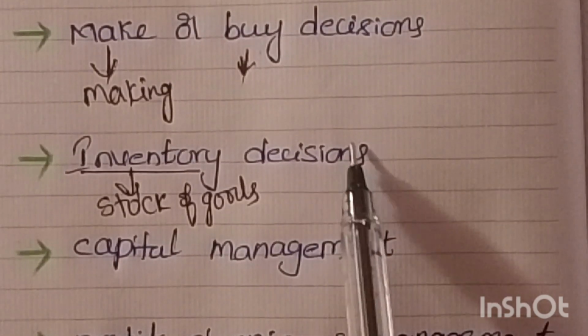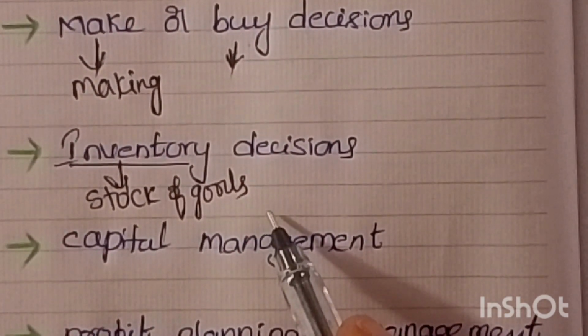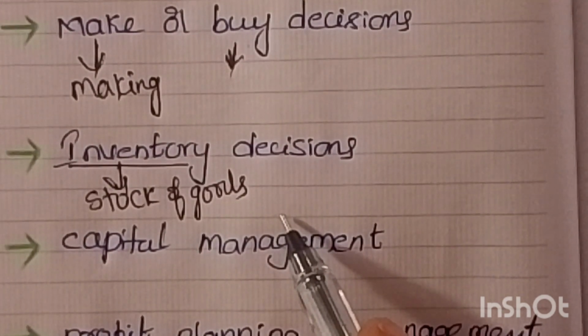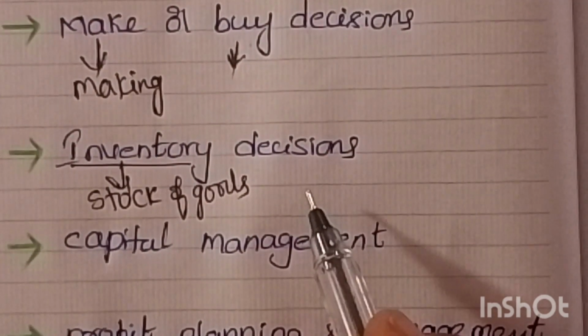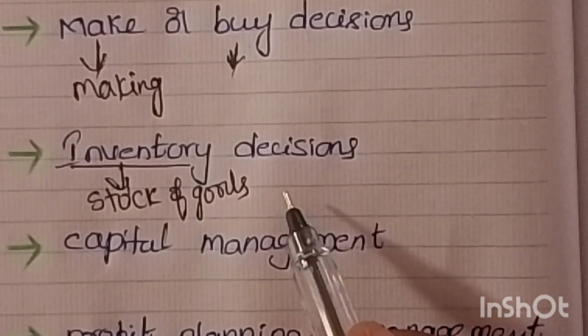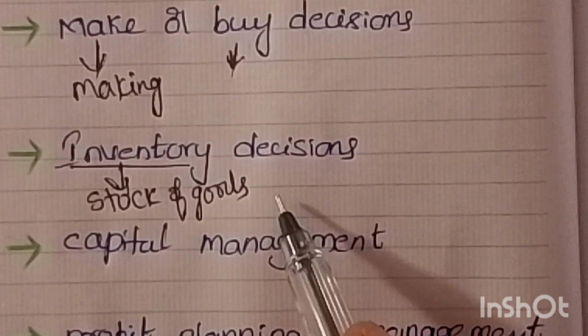So inventory decisions means, suppose you are maintaining a huge amount of raw materials or goods in our warehouses, but there is no demand from outside, then it leads to losses, because the maintenance charges are very high.